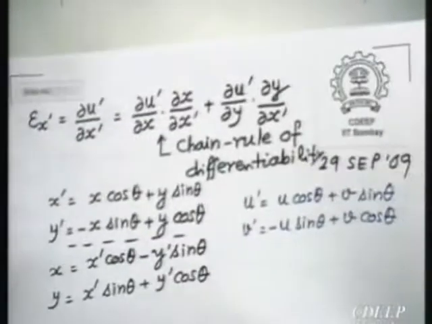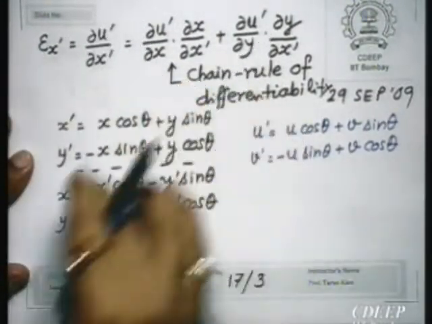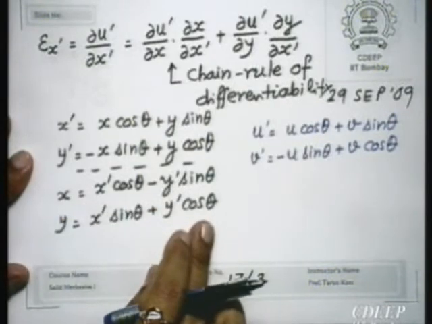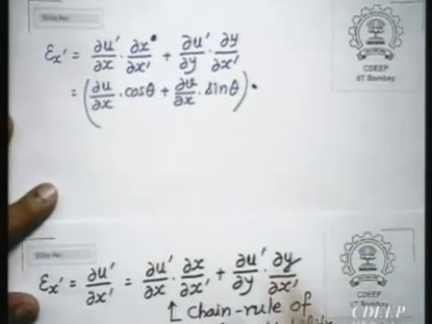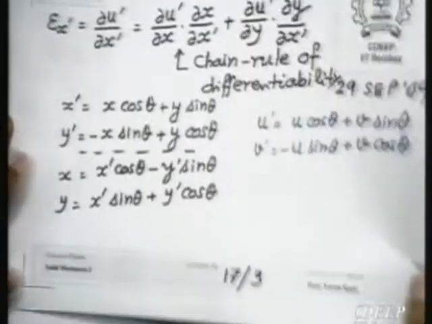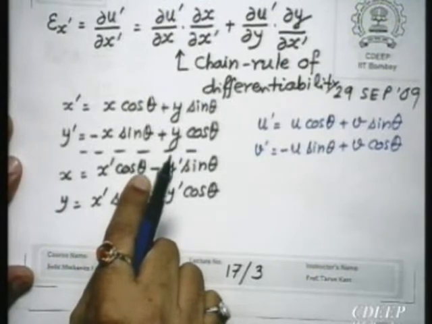Dx by dx dash, that is why right in the beginning I wrote both the relationships. X dash is a function of x and y, as well as x and y is a function of x dash y dash. So, I have to find out the derivative dx by dx dash. So, I will use this. It will be partial derivative.